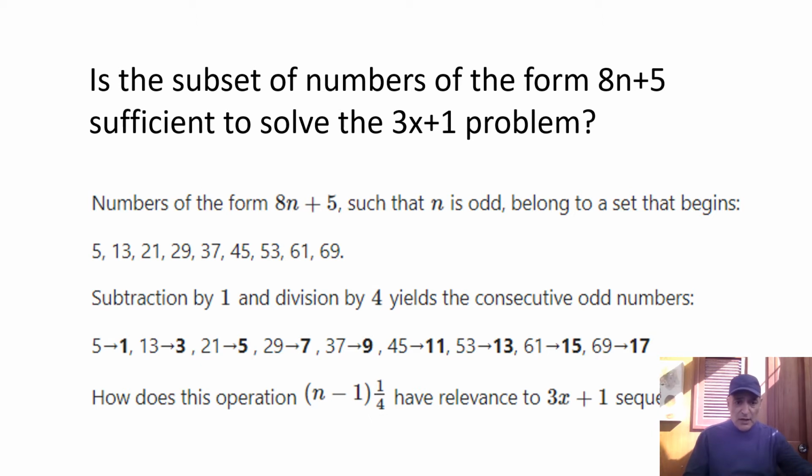So you see right away that as an output, we're getting all of the consecutive odd numbers without exception. So, how does this operation, n minus 1 divided by 4, have relevance to 3x plus 1 sequences?